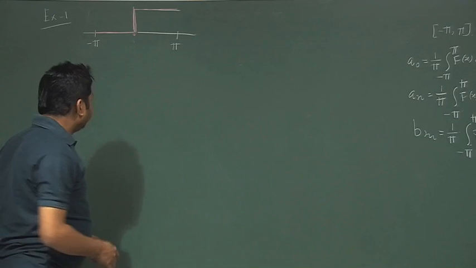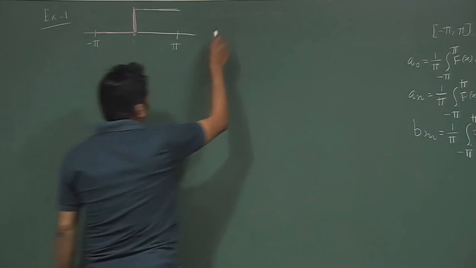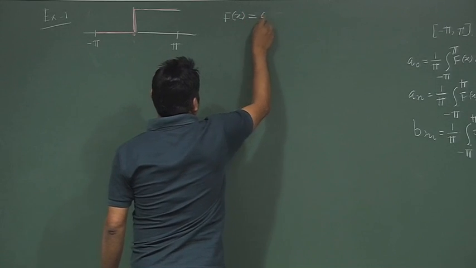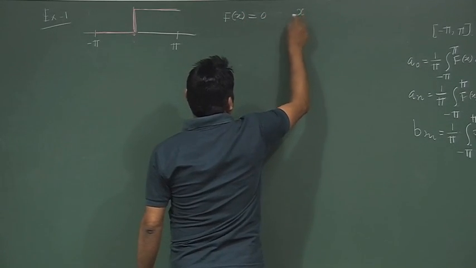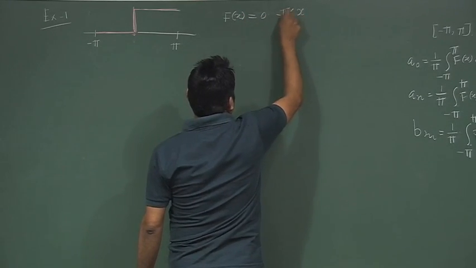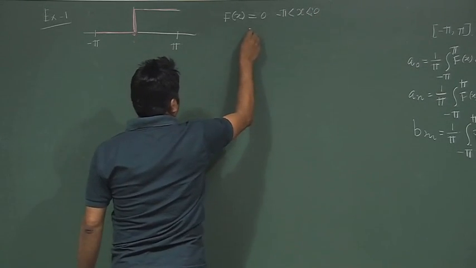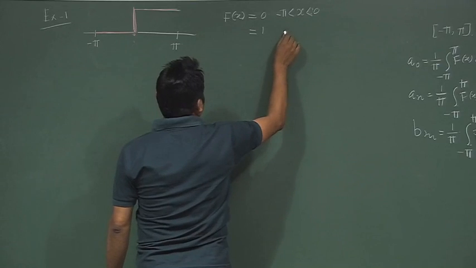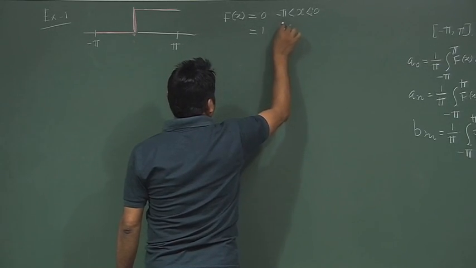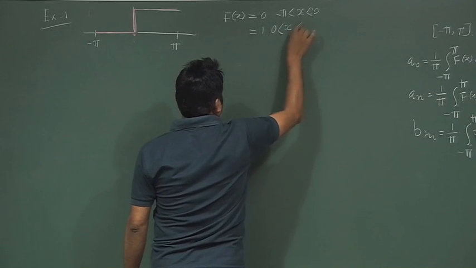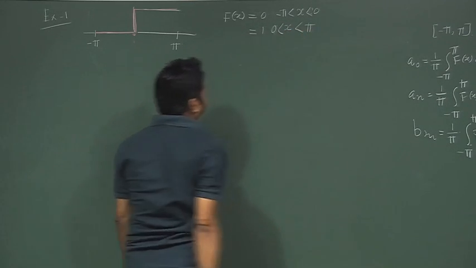Mathematically, if I want to write this function, f(x) is equal to 0 in this limit, and equal to 1 in the limit up to pi.